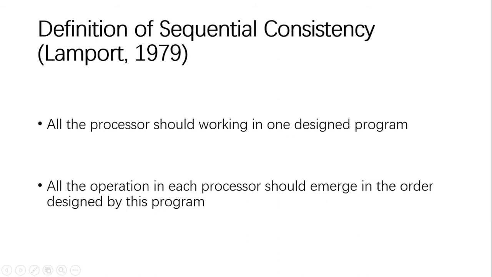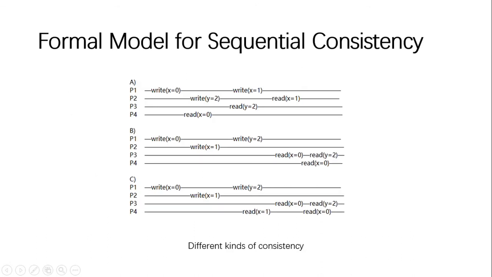Let's look at three different examples of sequential consistency. The first one, example A, is a perfect example which not only follows sequential consistency, but also strong consistency. Strong consistency means that at any moment the data in all the nodes should be the same.